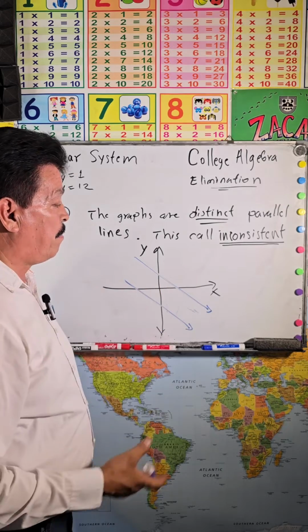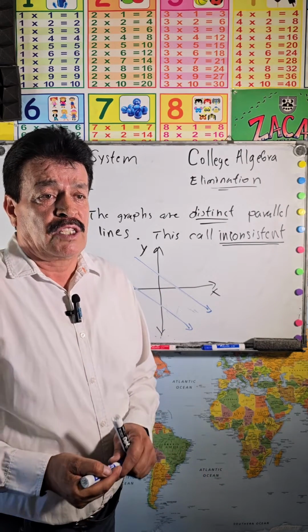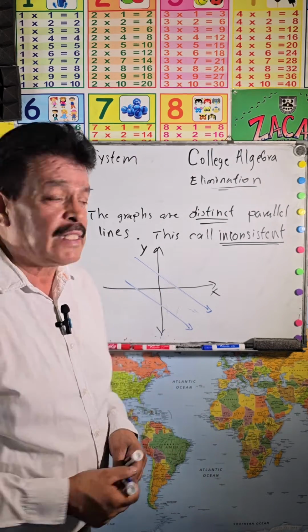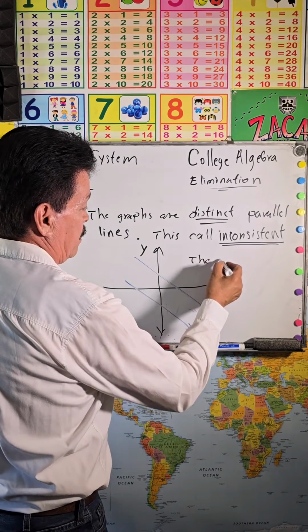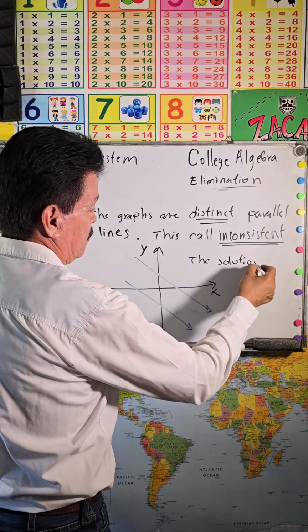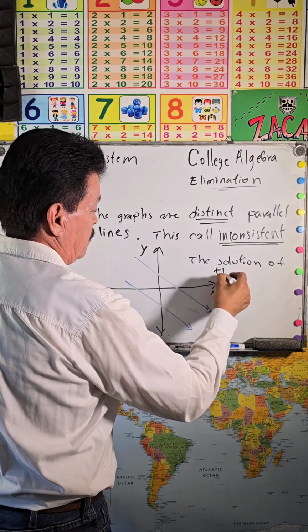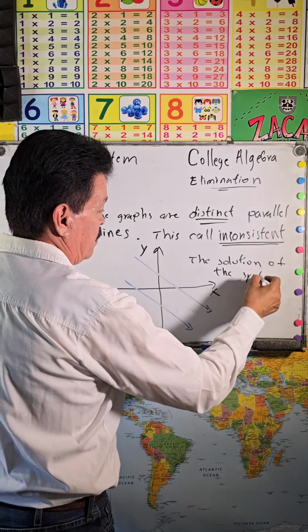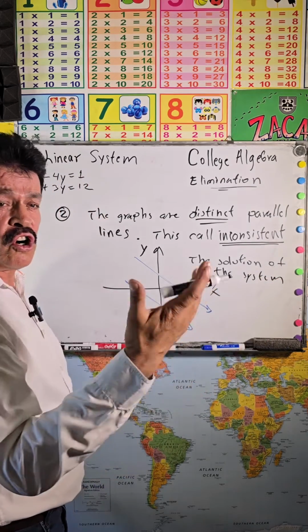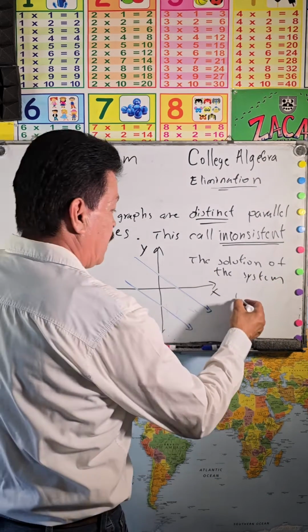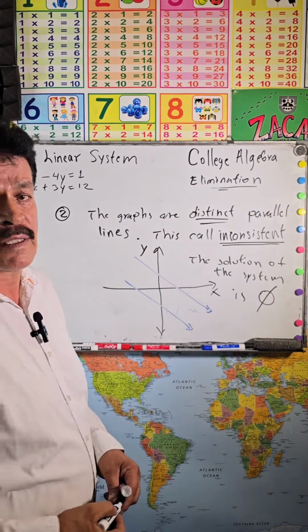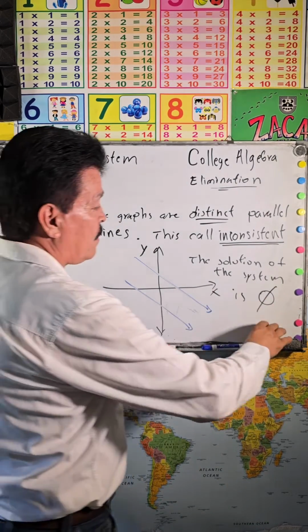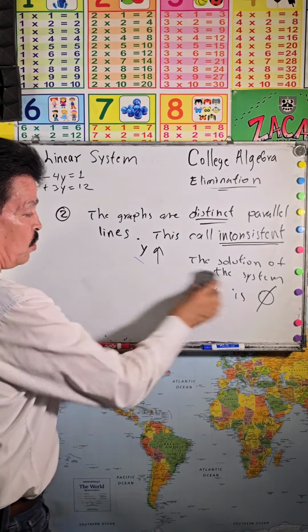So the solution of the system here is in this way. We write this sign. Perfect. Okay, so this is number 2.